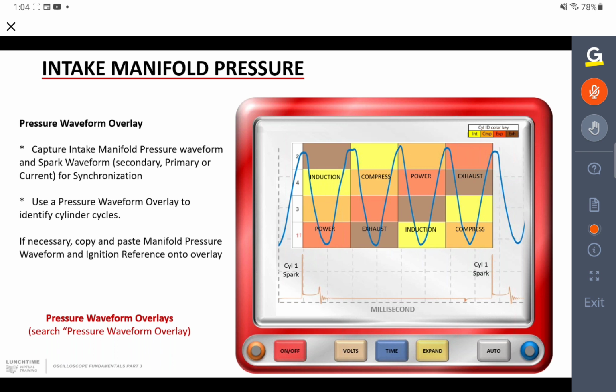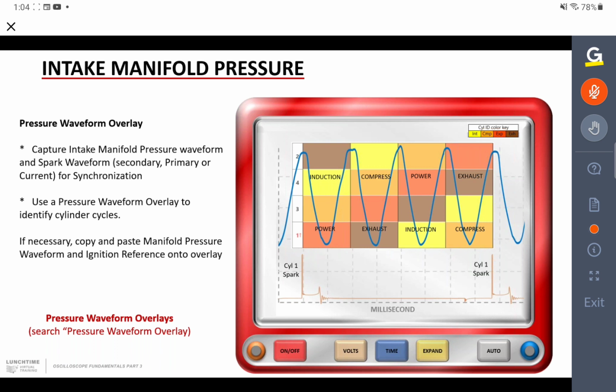So if you've got your manifold pressure and vacuum waveform there, plus on the second channel you've got your spark, copy it and overlay that onto the overlay app that you've downloaded. And what you will then be able to do is adjust the size of the overlay so that the end of the overlay lines up with your cylinder 1 sparking there.